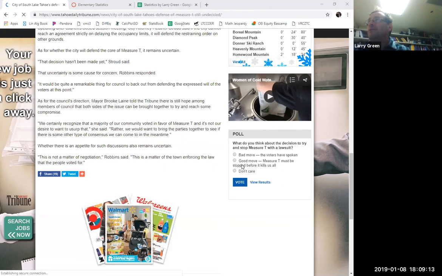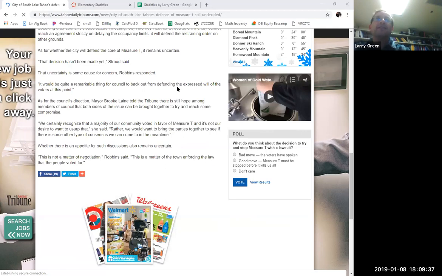The other is a good move, Measure T must be stopped before it kills us all. And the third choice is don't care. So those of you who are from Tahoe, or even if you're not and you just want to have some fun, type in what you think in the chat box. I'm not sure if it'll let me choose, but we'll see. And then we'll take a look.